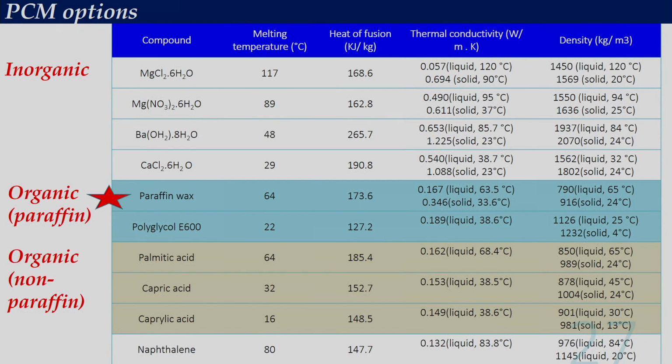Then we have organic non-paraffin compounds, palmitic acid, capric acid, caprylic acid, and then aromatics. You can see the range of melting temperatures and heat of fusion. Based on the requirements we can select the best material to meet the demand.